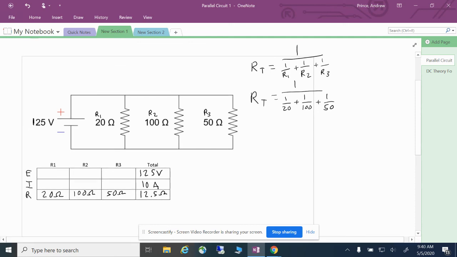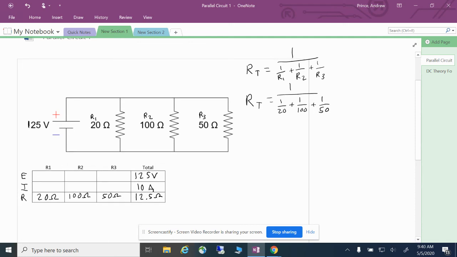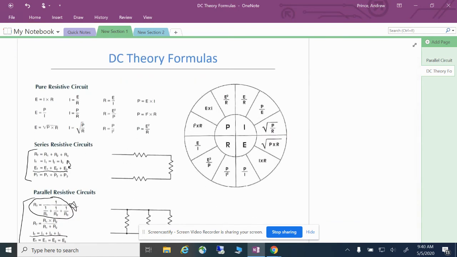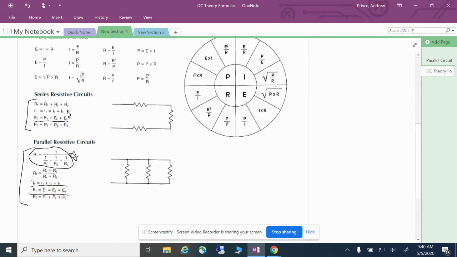So what does that really do for us? Well, what that does is, if we remember what the current in a parallel circuit is, if you look at your formula, it adds up, right? What about the voltage? So the voltage is the same across every resistor.